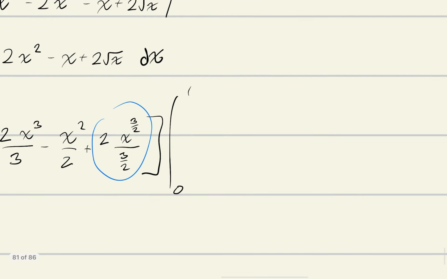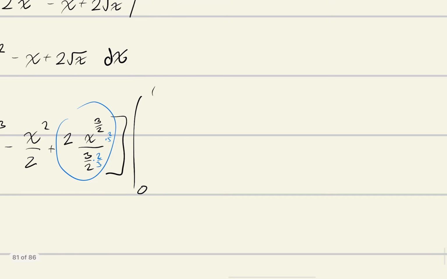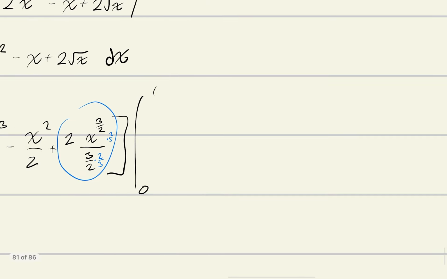x to the 3 halves over 3 halves is the same as multiplying both sides by 2/3, and that would give us 4x to the 3 halves over 3.